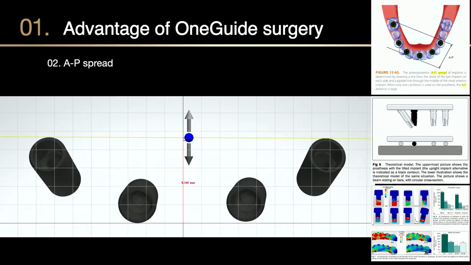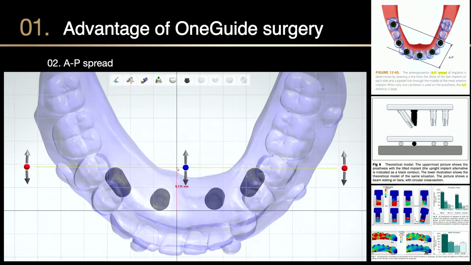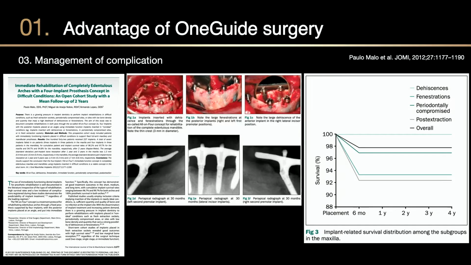With AP spread and cantilever length, we can assume how much stress is applied to the screws. As Dr. Paez mentioned, within the same coordinates you can make a design, so you know what it is going to be like on top of your implant. In terms of prosthesis design, you can be more flexible.